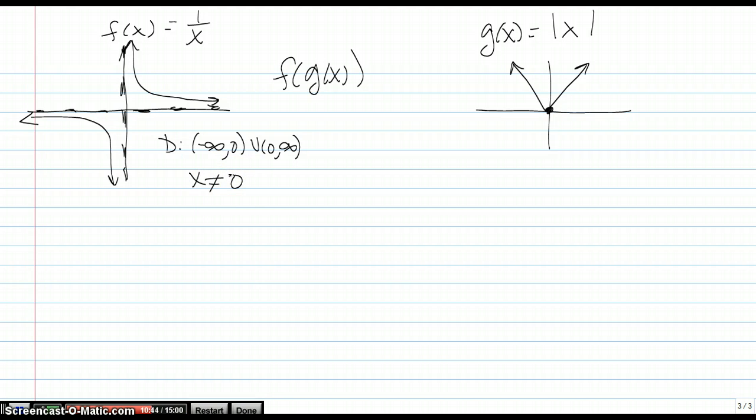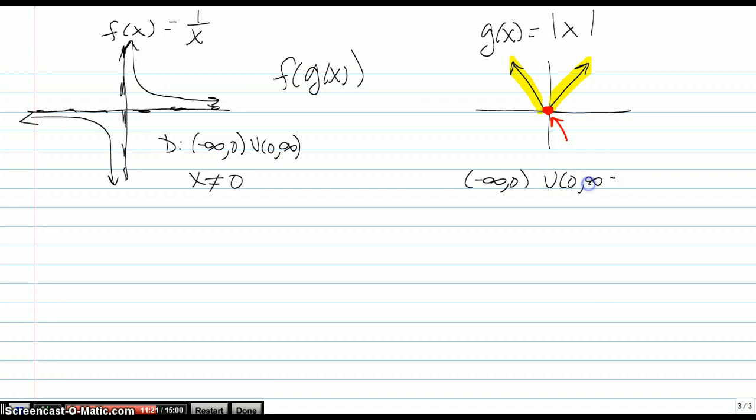So, if I wanted to highlight the y values for g of x that satisfy that, the only thing we can't have is when the y value would equal 0. So I can highlight everything here and everything here. The only exception to the rule is right here at 0. That red dot right there cannot be in our final domain. So, as our final answer here, our domain of f of g of x would be negative infinity to 0 and 0 to infinity.